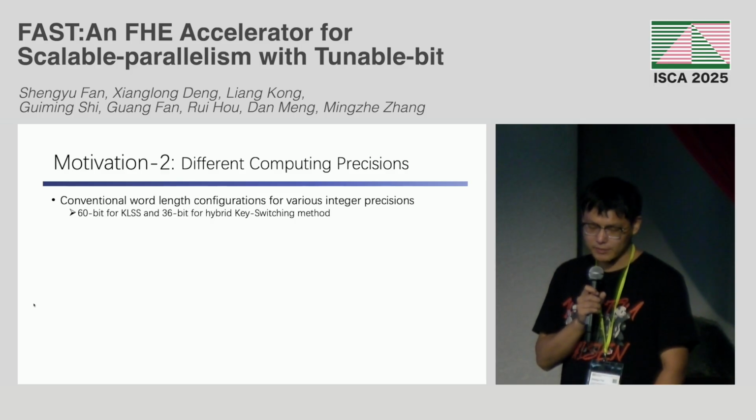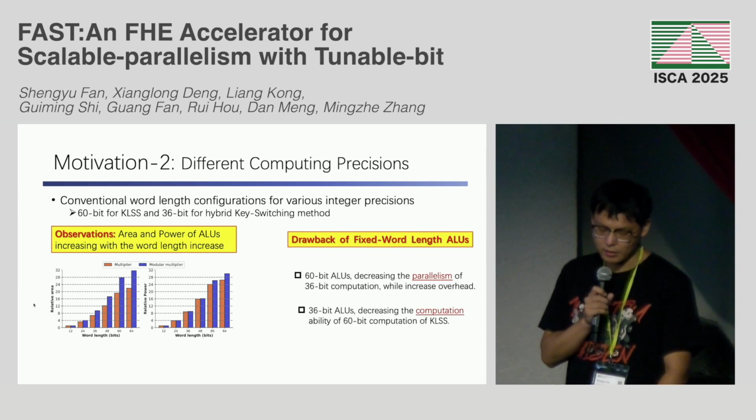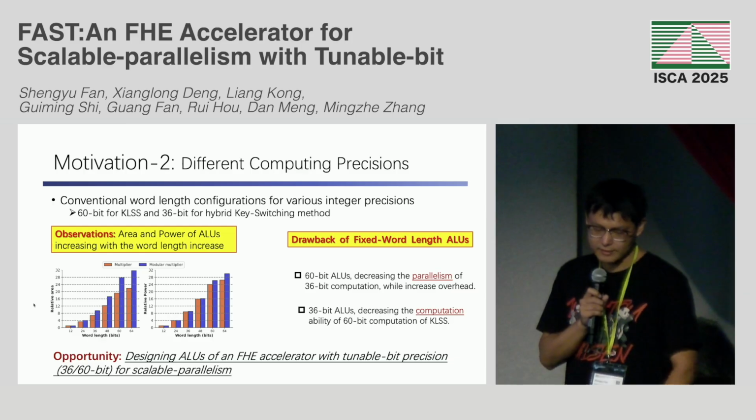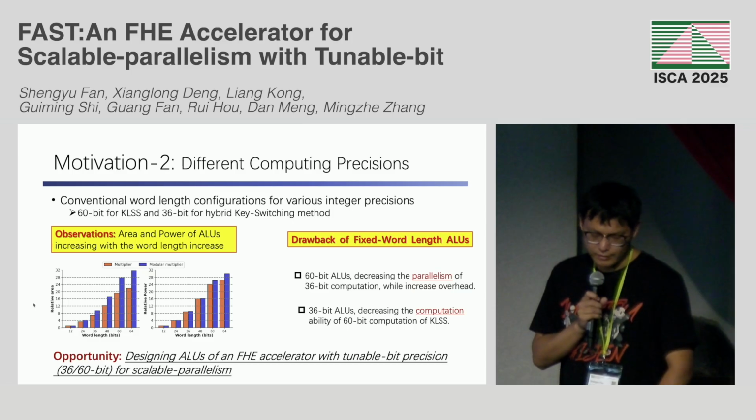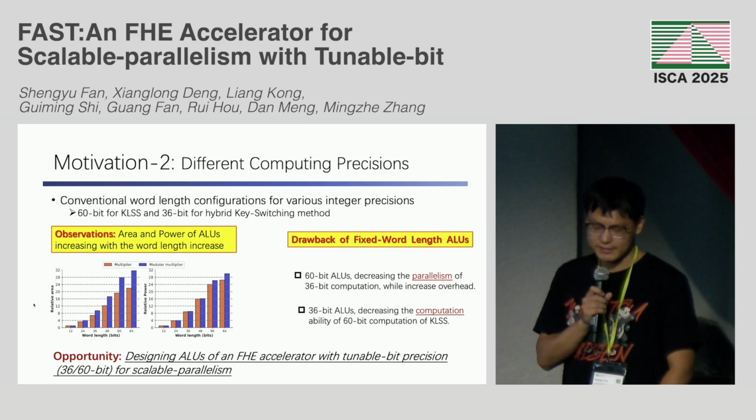However, higher bit width not only results in greater area and power consumption, but also reduces parallelism in low precision computation scenarios. Based on these observations, we believe it is necessary to design a computing unit that can flexibly support multi-precision configuration, ensuring full functionality for high-precision tasks, with an increase in parallelism and overall performance in low-precision scenarios.